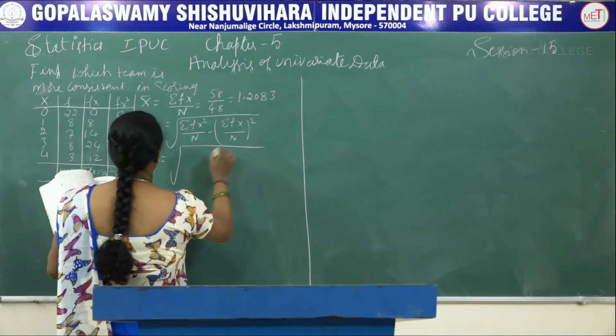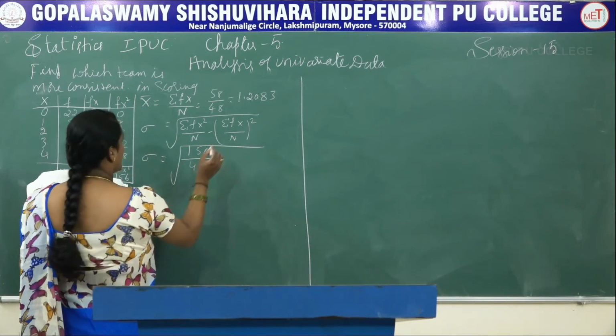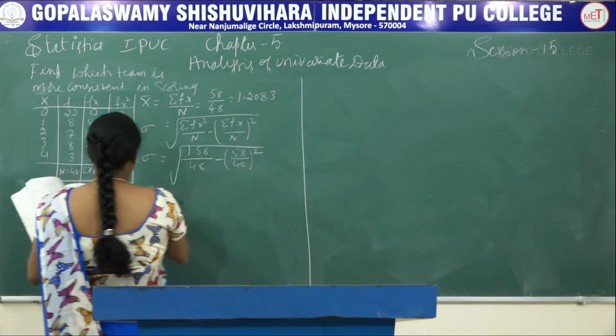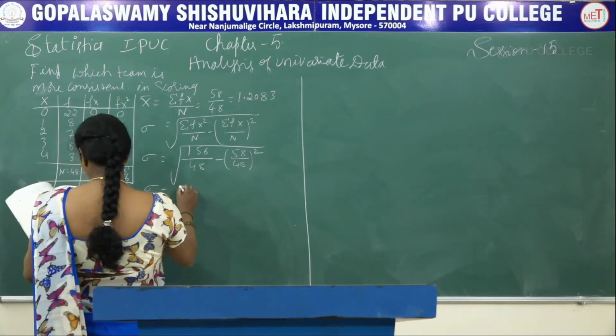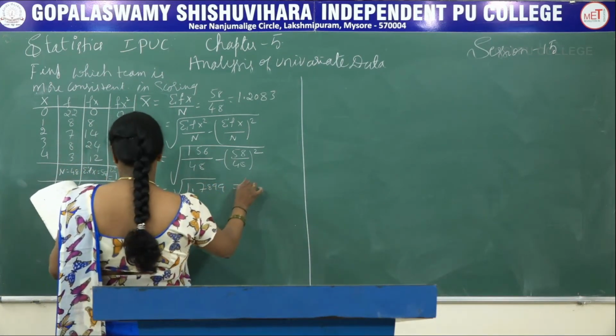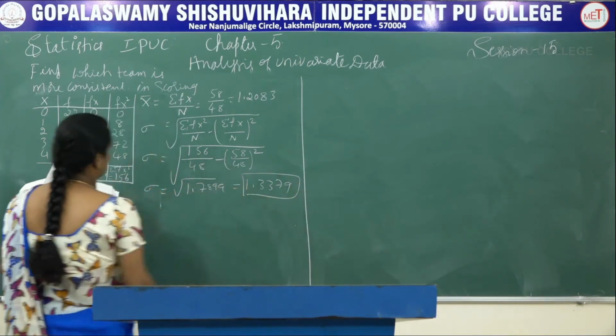Substitute that: 156 divided by 48 minus 58 divided by 48 the whole square. So your sigma value is square root of 1.7899, or 1.3379.